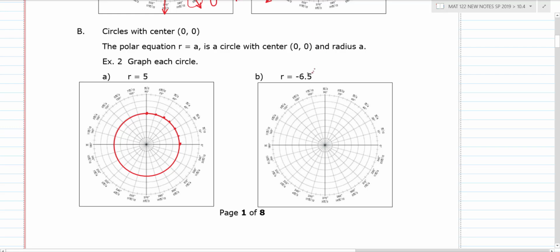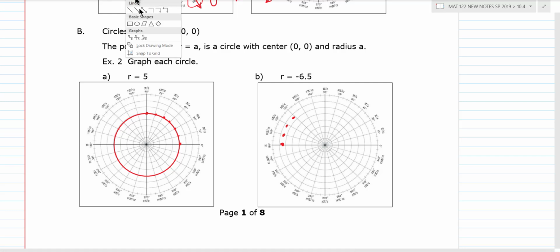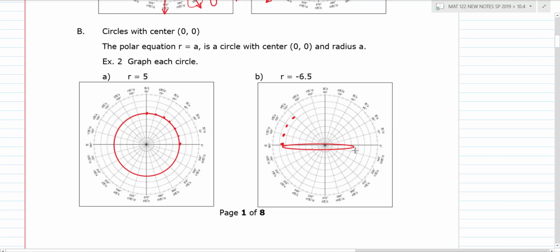Now, it doesn't matter if you've got a negative radius, because if you were at 0 degrees, negative 6.5 would just be this way, away from that. 1, 2, 3, 4, 5, 6 and a half. So it basically would just be all these points on that ring like that. So that's all there is to that. Again, I'll try to make this as pretty as I possibly can anyway.